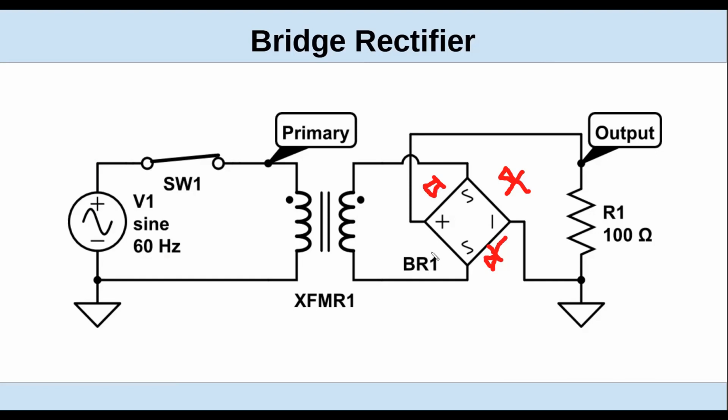Right? Yeah. I think so. I haven't looked at a bridge rectifier schematic. Yeah. And these come in a package already formed, so you don't have to put 4 diodes together.